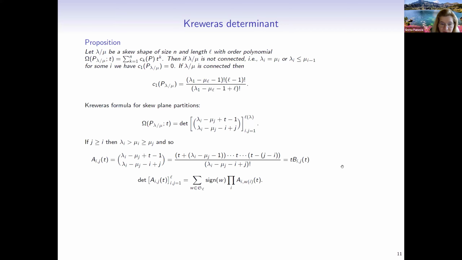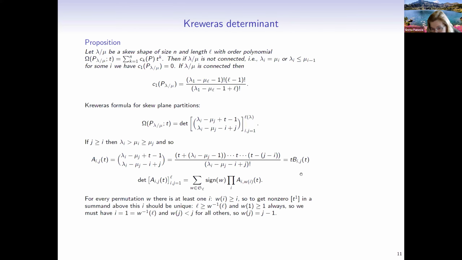And so when you write down the determinant, it goes over all permutations. You pick these entries. If you want to get a linear term out of this product, you cannot have more than one entry where w_i is greater than or equal to i, because otherwise the polynomial will be divisible by t squared.